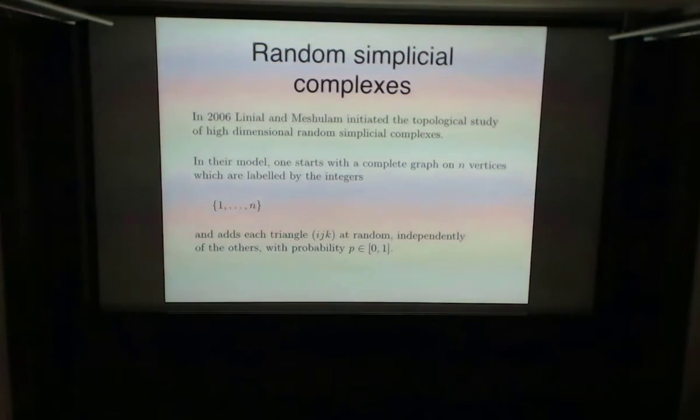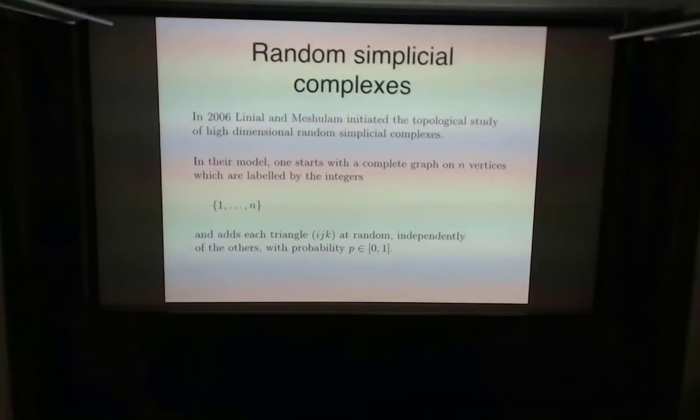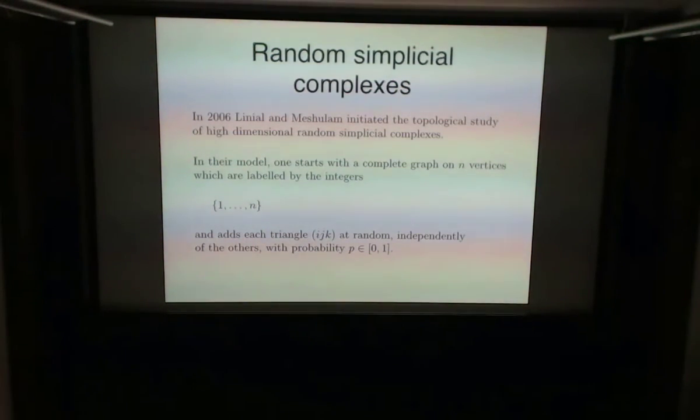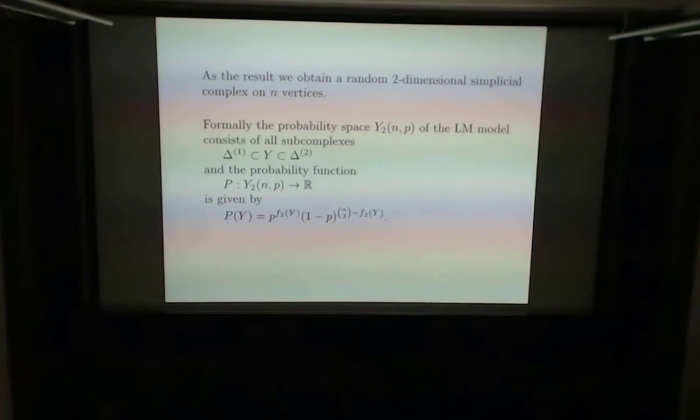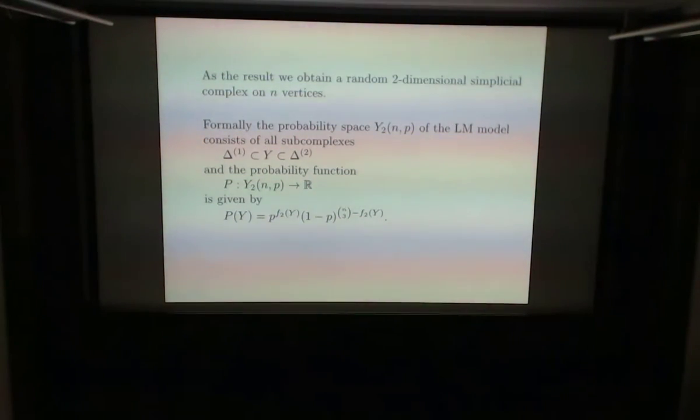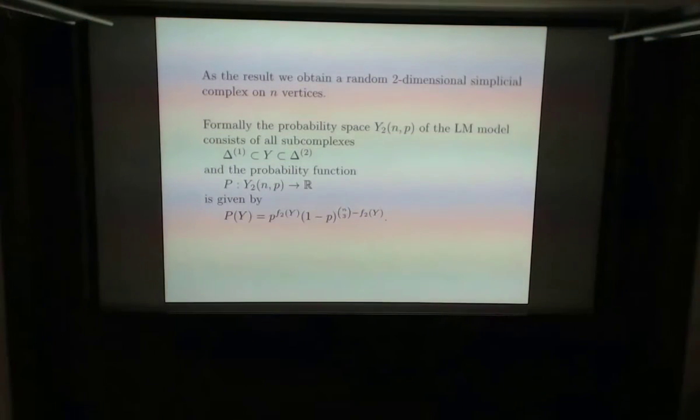And of course we are interested in the properties of this complex when n becomes large, when n goes to infinity. So maybe here we'll just look at the same model from a different point of view, how to describe it.